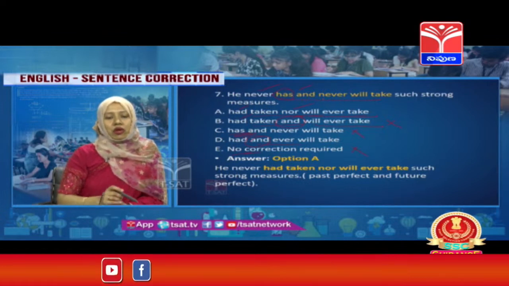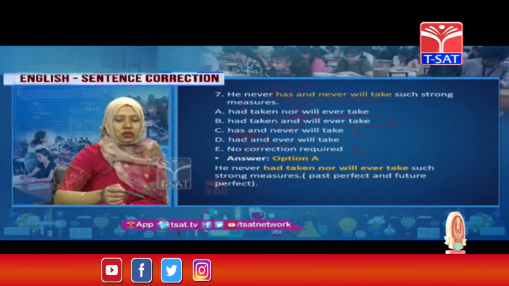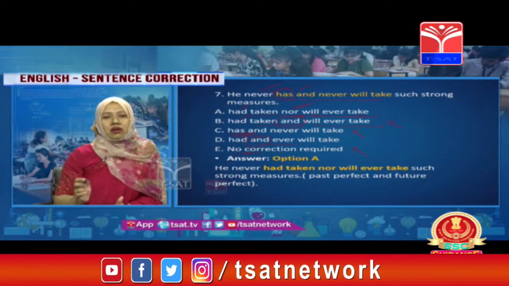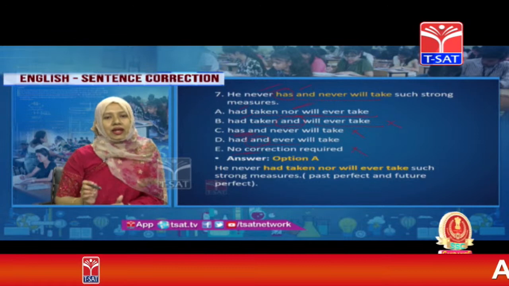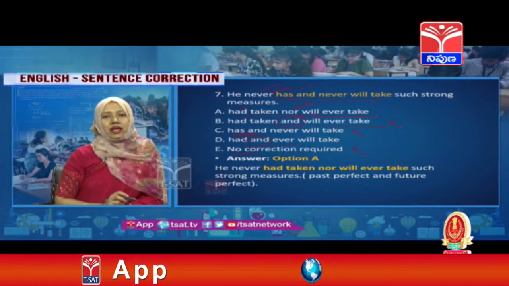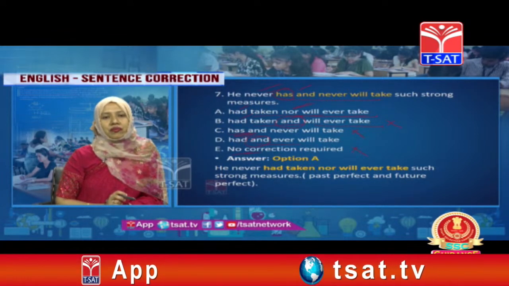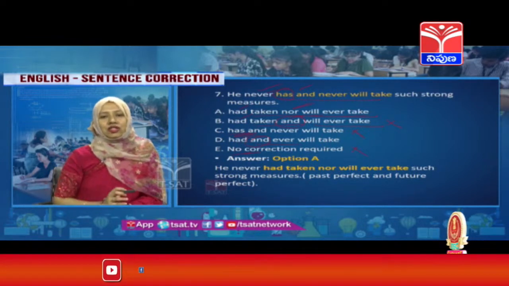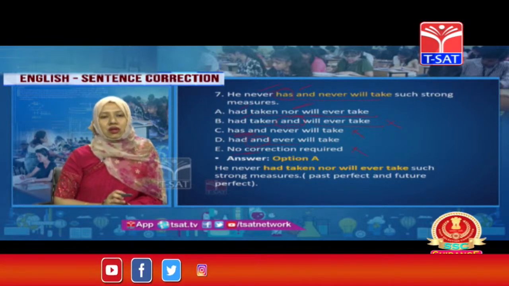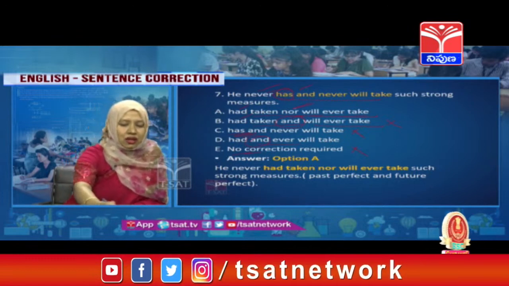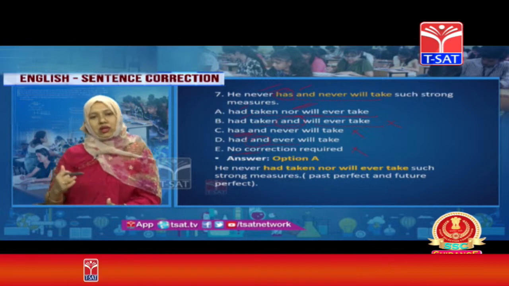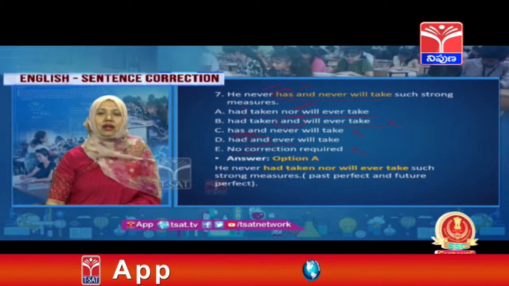He has never, because here never is there, you should use nor. He never had taken, nor he will ever take such strong decisions. He had never taken, nor he will take such strong measures. Because never is there, it should be nor. So in this way, if you go on eliminating the options, you will get the correct answer.